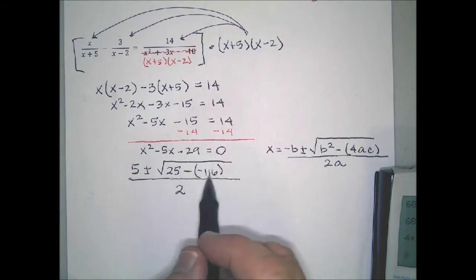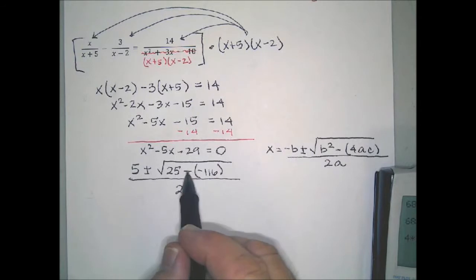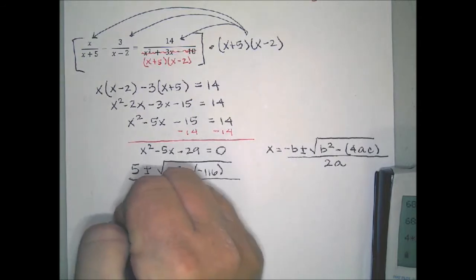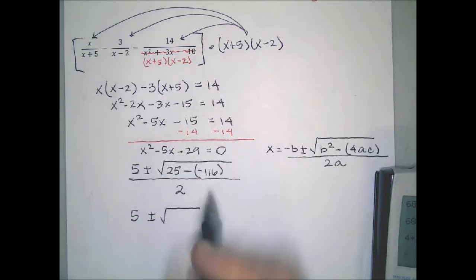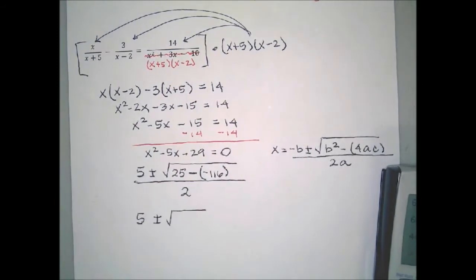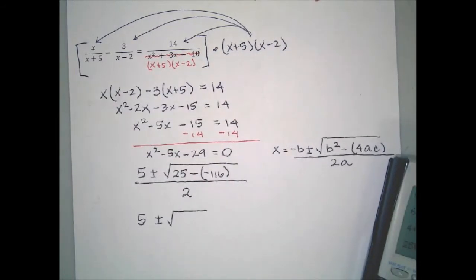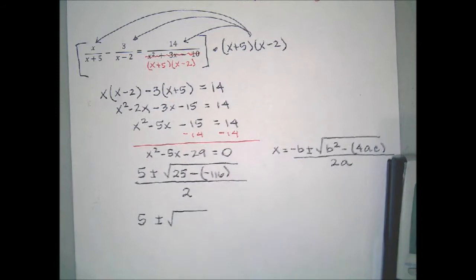Now, since 4 times a times c gave me a negative value, I'm actually going to wind up adding things inside the radical. 5 plus or minus the square root of 25 plus 116. So 141.